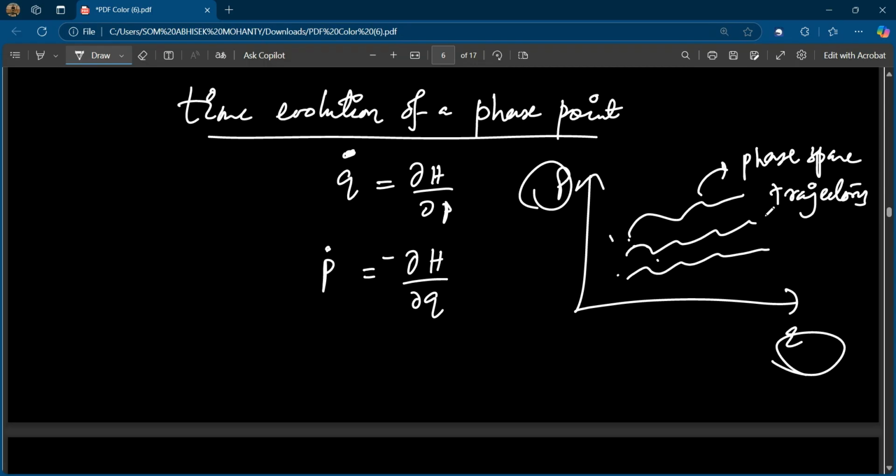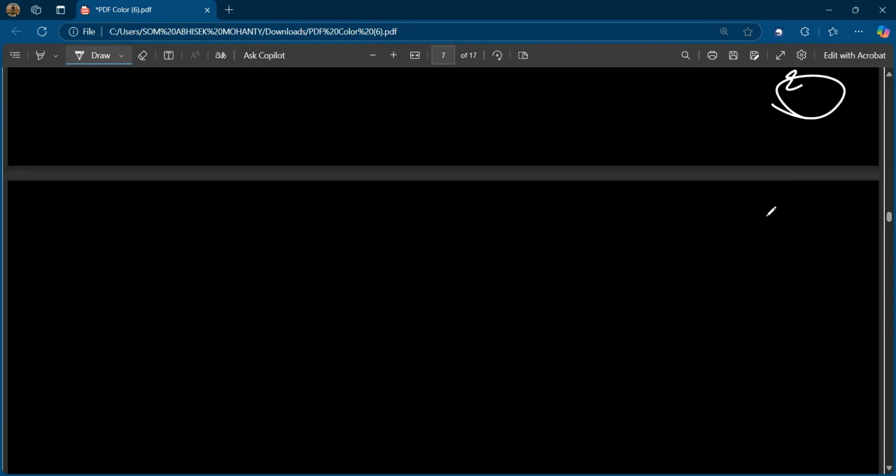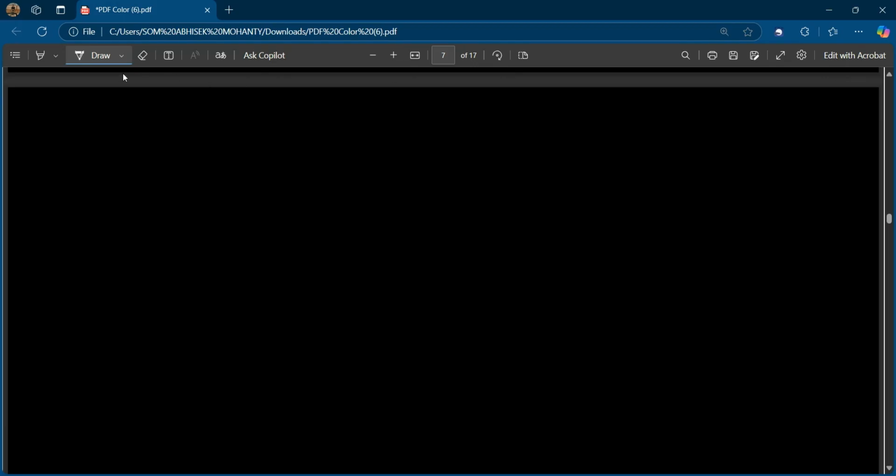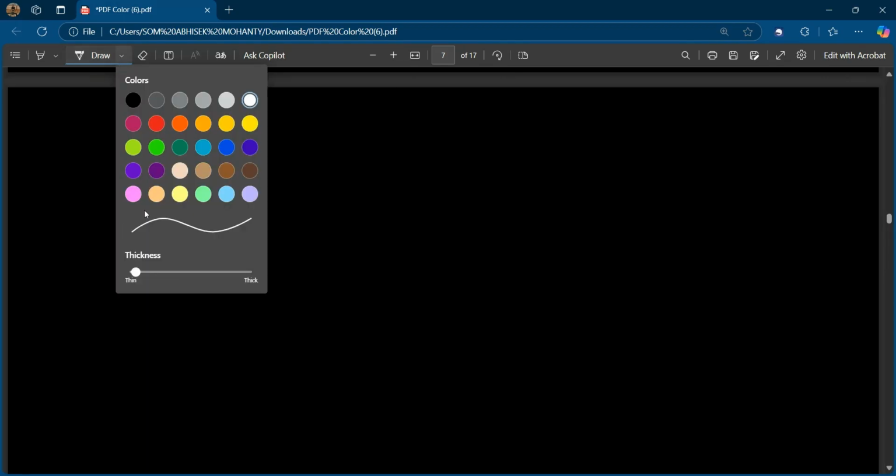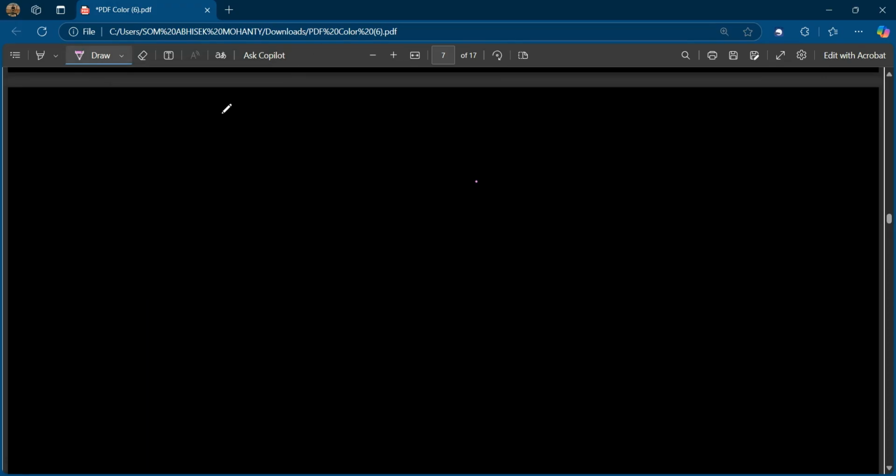Next is the most important one: the different types of ensemble. First is the microcanonical, then canonical, and finally grand canonical.